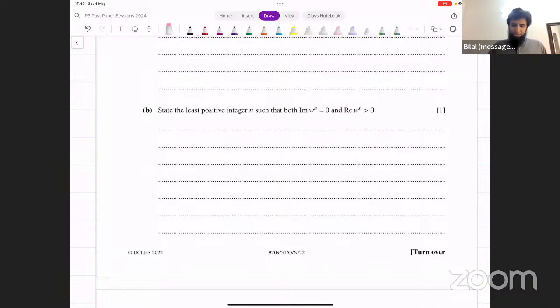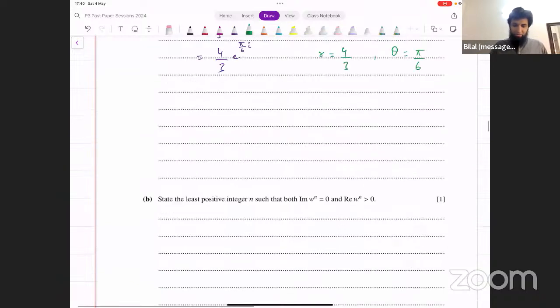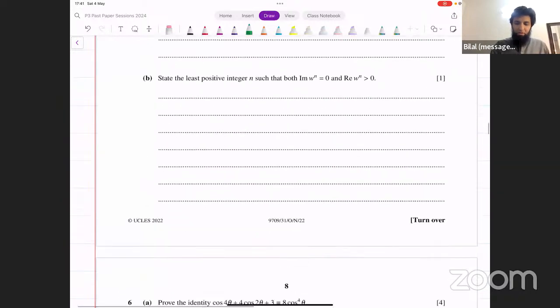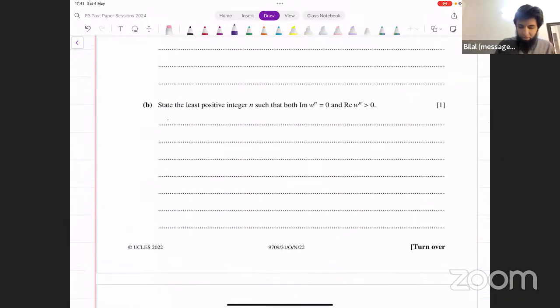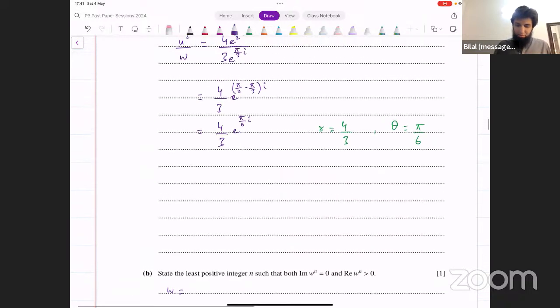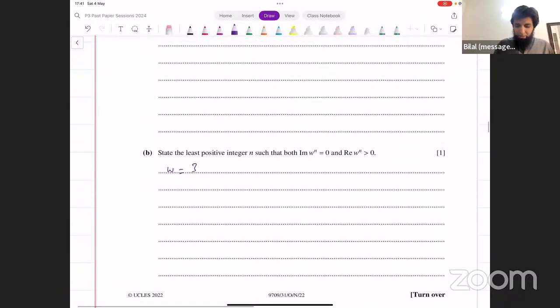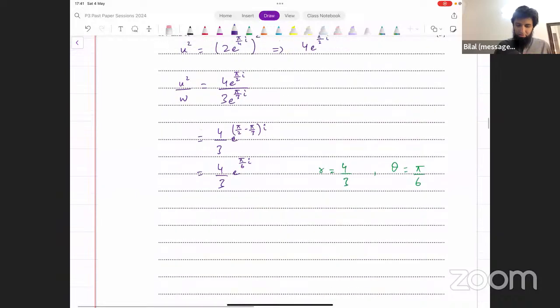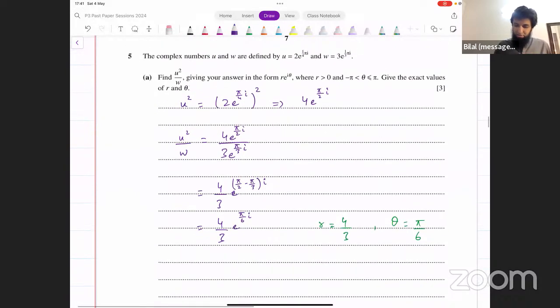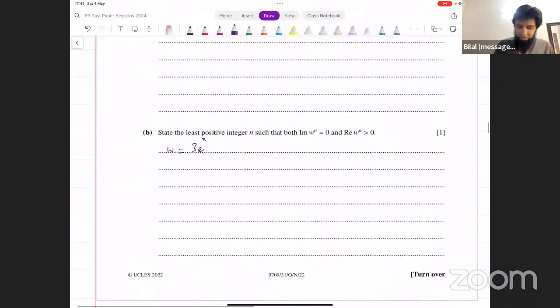Okay, so how do we think about this? What's w? w is 3e raised to power pi/3 iota. Right? That's what w is. 3e raised to power pi/3 iota.